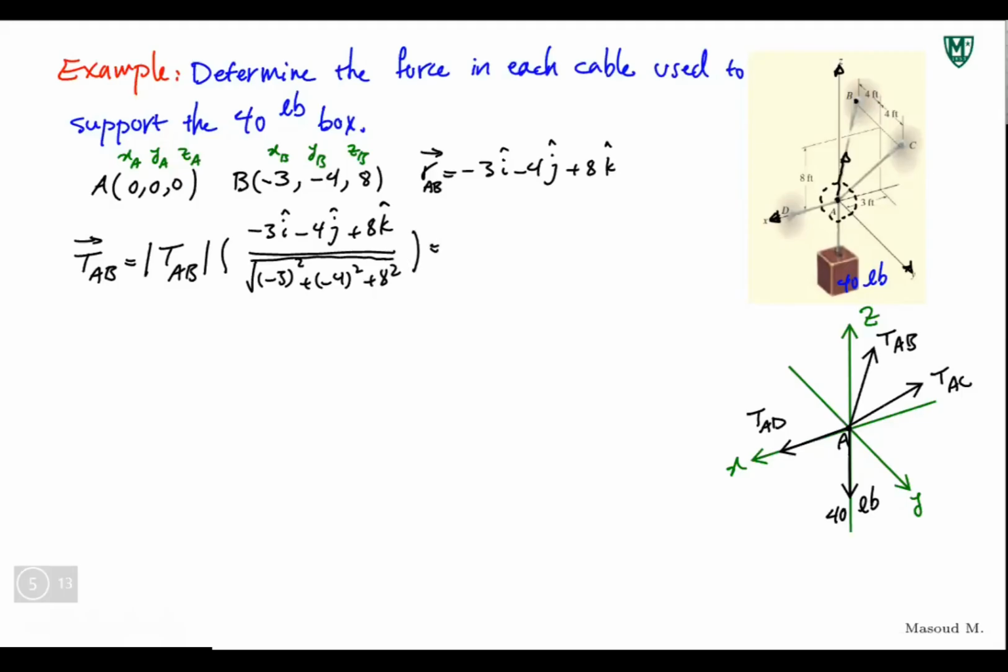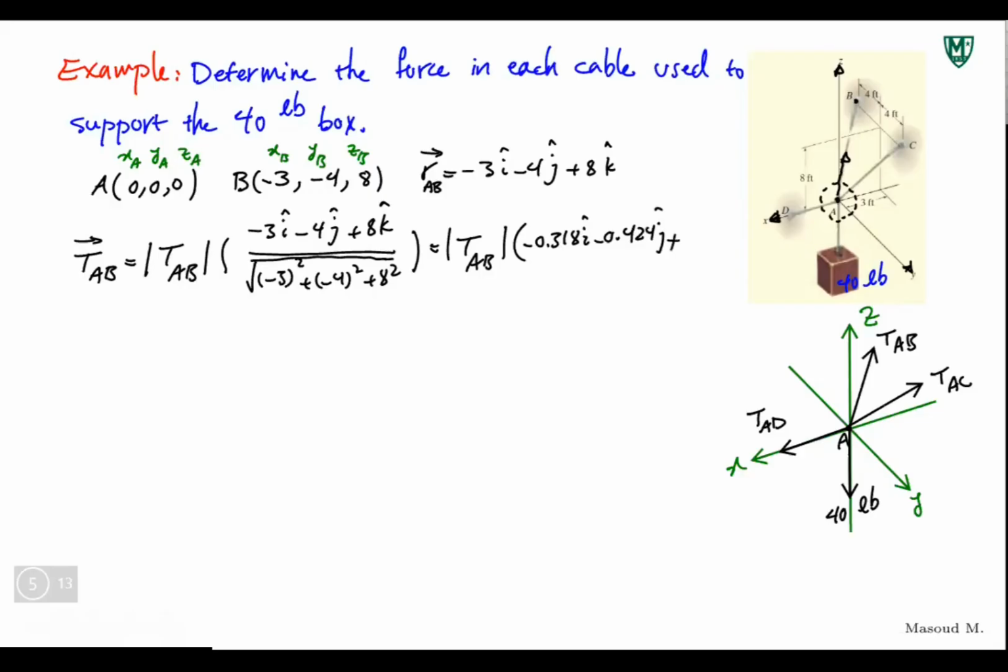So this gives me the magnitude of TAB, whatever it is, multiplied by... If I divide minus 3 by the value of the denominator, I get the first component of the unit vector, which is minus 0.318i. Divide minus 4 by that magnitude, and you get the second component of the unit vector, minus 0.424j.